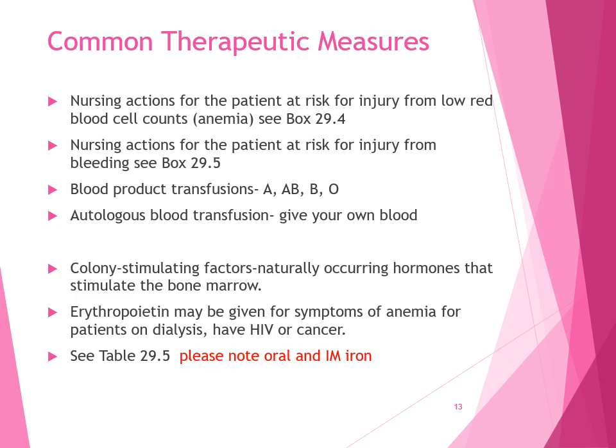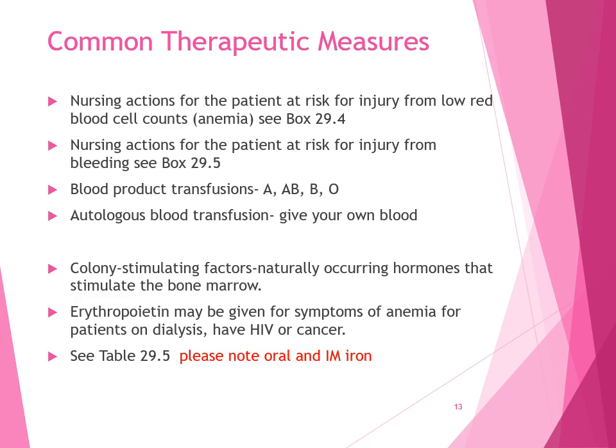All right, some common therapeutic measures. Nursing actions for the patient at risk for injury from low red blood cell counts. I refer you again to box 29.4, and that's some blood transfusion reactions.